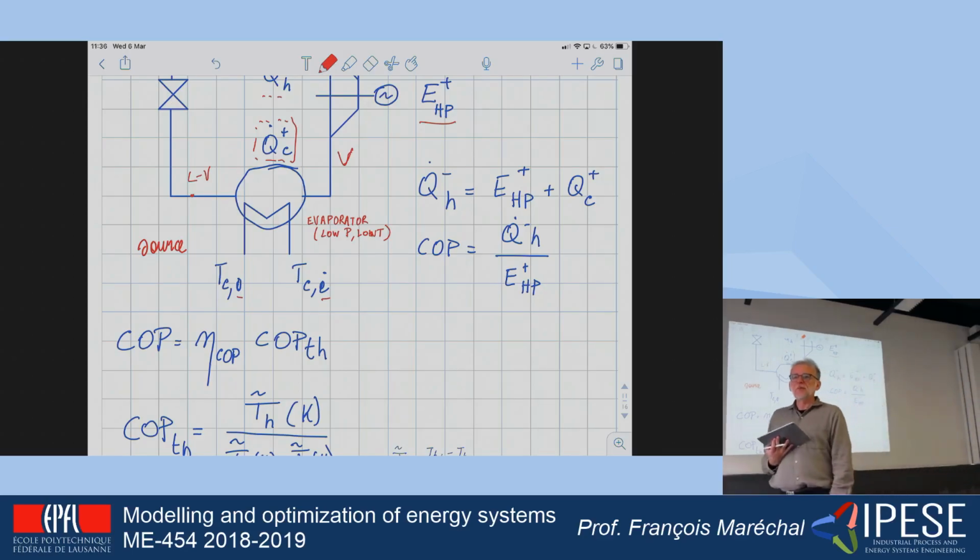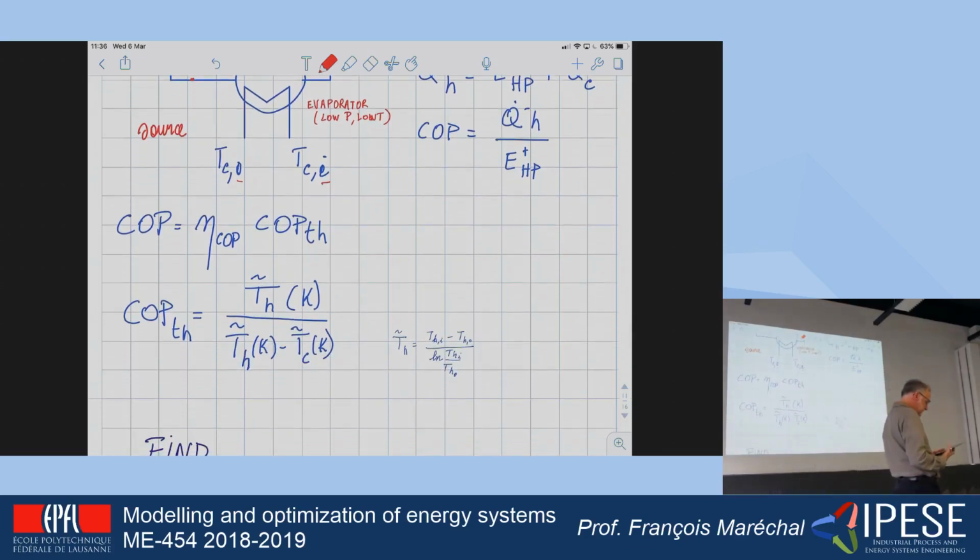The theory of thermodynamics is telling us that the COP can be estimated by looking at the maximum value that the COP can reach. And the maximum value that the COP can reach is coming from the Carnot formula, and is expressed here, in which I have used mean values in Kelvin, okay, of the heat source and the heat sink. And the mean value is in fact a logarithmic mean value.